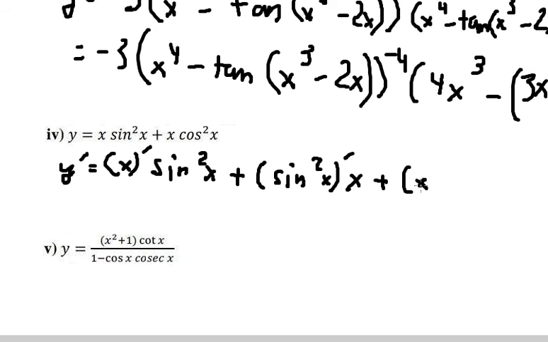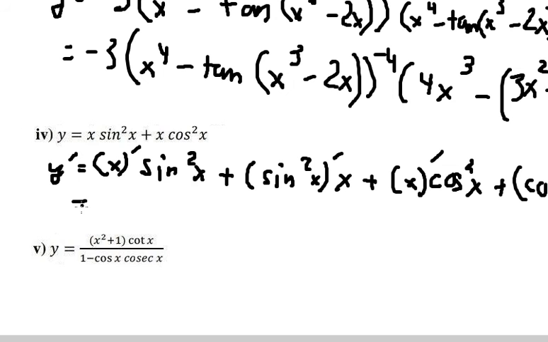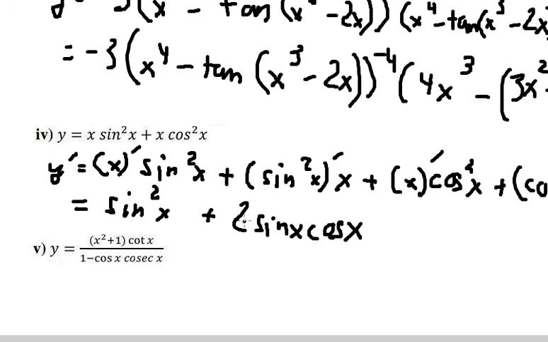We do the first derivative of x, and then we do the first derivative of cosine x squared. So this one we have 1, so we have sine x squared. The first derivative of sine x squared, we have 2 sine x cosine x, and I will put x in here.